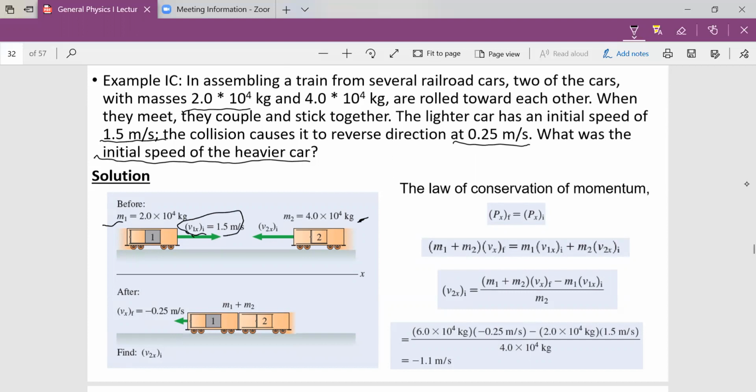They are moving in opposite direction, but when they met, they got stuck together and moved with common velocity, the masses combined, towards the left direction. The final velocity is given to be 0.25, but we'll put a negative sign here to indicate the direction of that velocity, which is towards the left. Okay, and the question is now asking, what is the initial velocity of this heavier car?